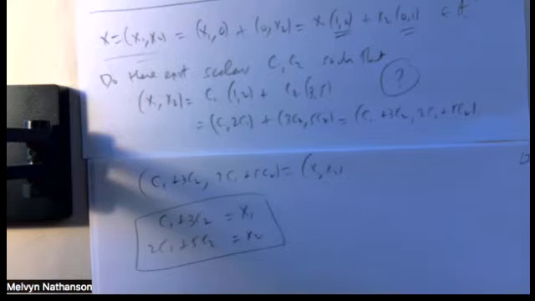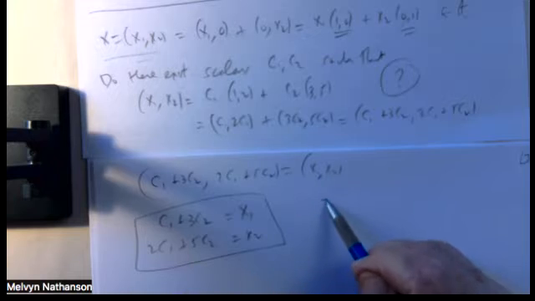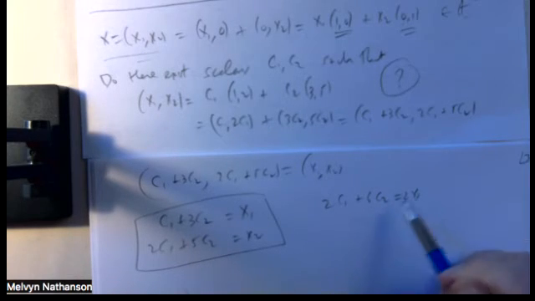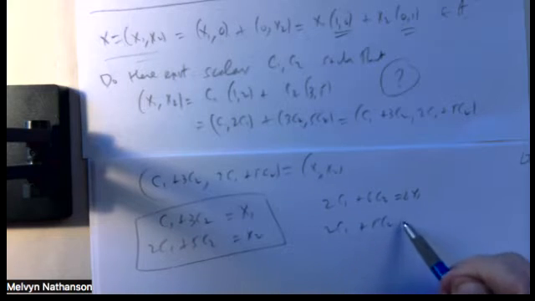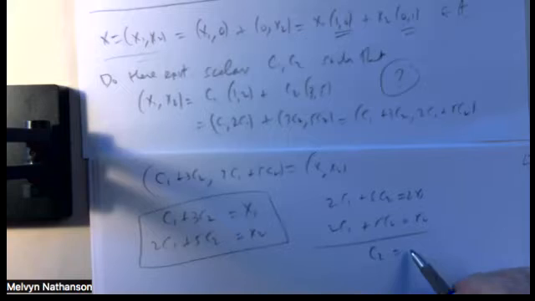However you want to do it is certainly up to you. You can take the first equation and multiply it by 2, and take the second equation and just leave it the way it is. And when you subtract, you get c2 is 2x1 minus x2.